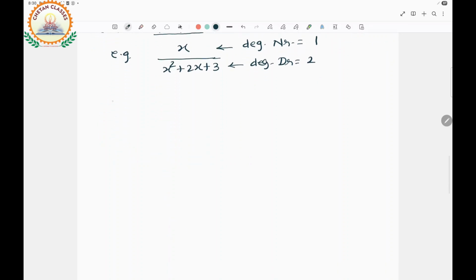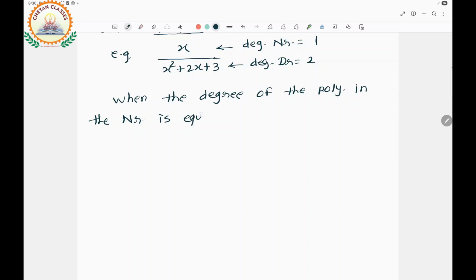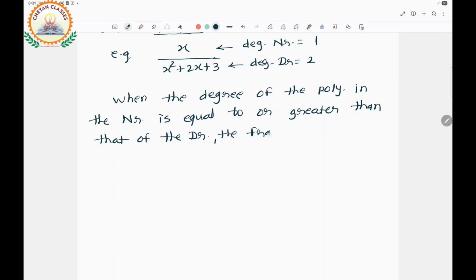Now, when the degree of the polynomial in the numerator is equal to or greater than that of the denominator, the fraction is called improper fraction.